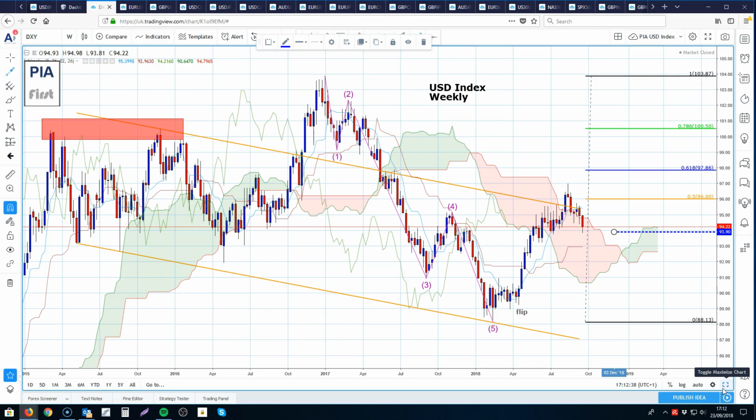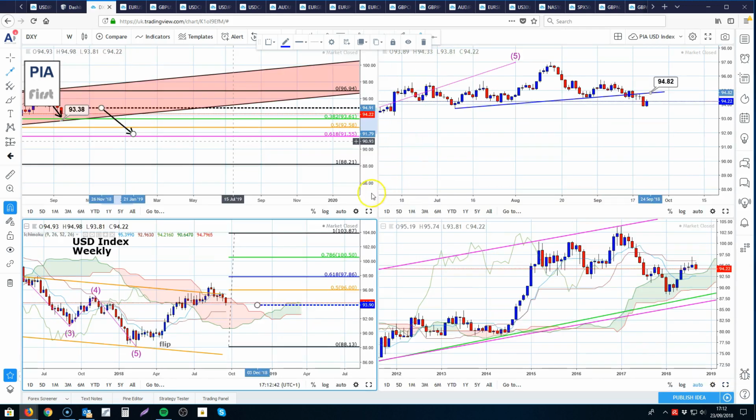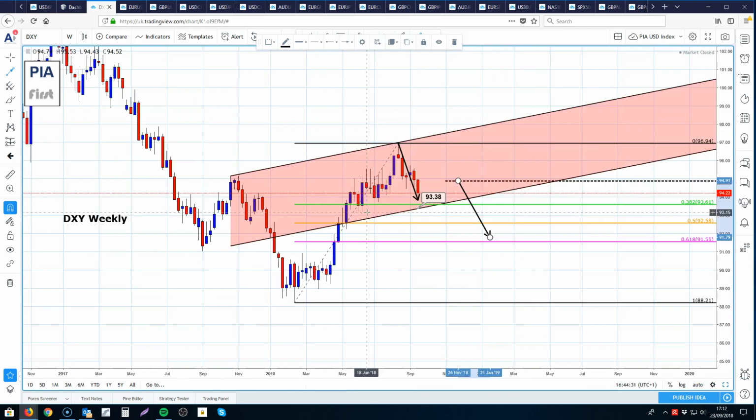So we are now between bespoke support and bespoke resistance, and we're going to be looking at selling into dollar rallies over the medium term. So our bespoke resistance is at 94.90 at the moment.